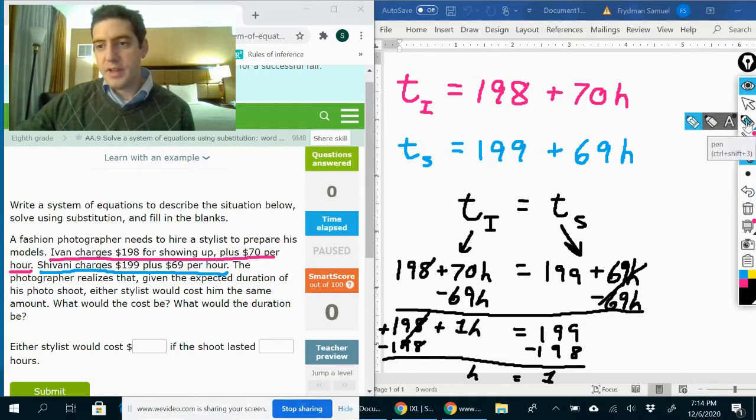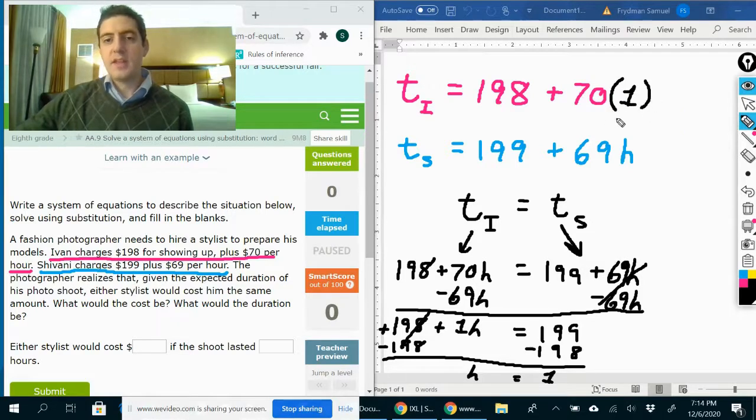So if I replace this H with 1, then that gives me, let's see, 198 plus 70 times 1. So 70 times 1 is 70. That's not hard, right? And then 198 plus 70 is going to be 268. So if I spend 1 hour at Ivan's salon, then he's going to charge me $268. Pretty hefty price if you ask me.